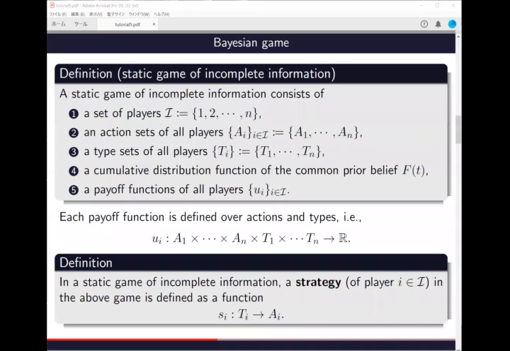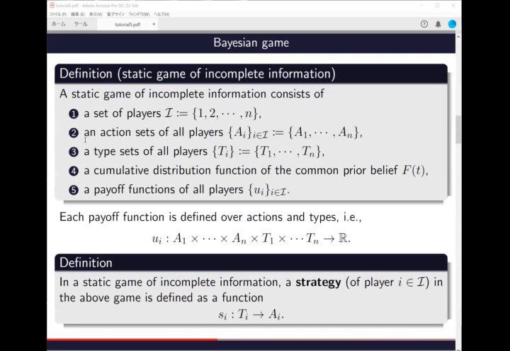A situation like the Lemons Market described earlier is an example of a static game of incomplete information. And a static game of incomplete information is sometimes called a static Bayesian game, which is also sometimes simply called a Bayesian game.